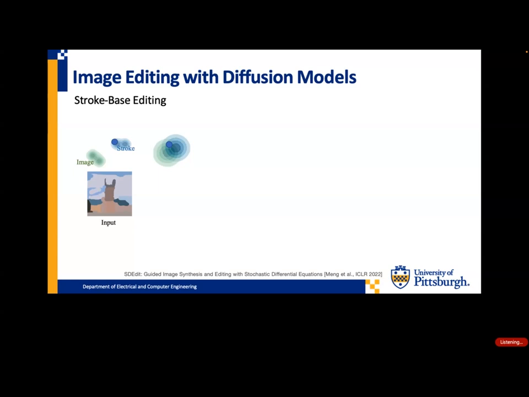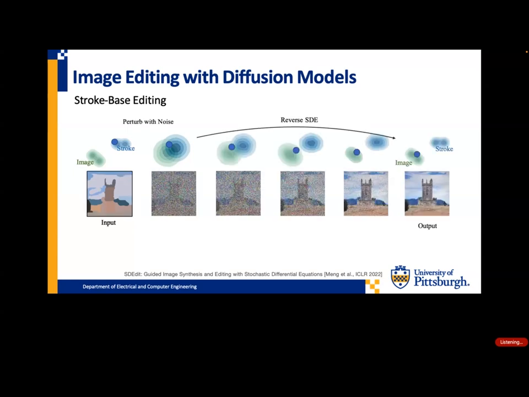And then what this paper is doing is quite interesting. The first step is to perturb, adding noise to this input. You can still see the outline of it, but with a bunch of noise. Does that make sense? Okay.